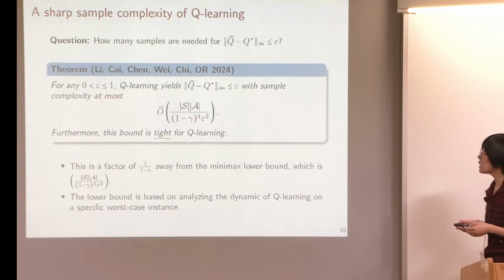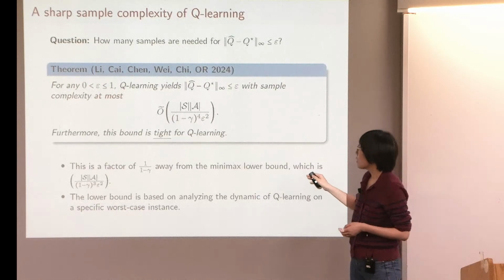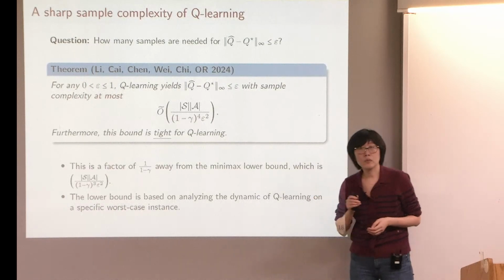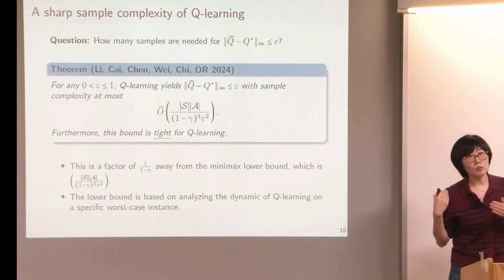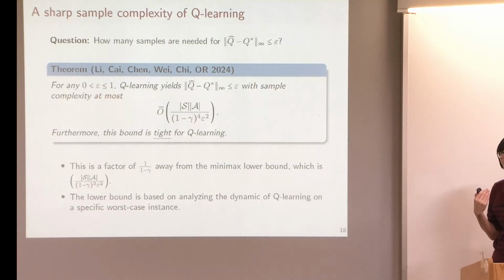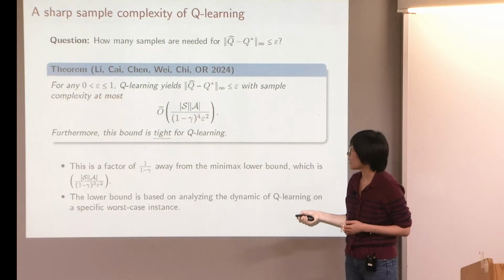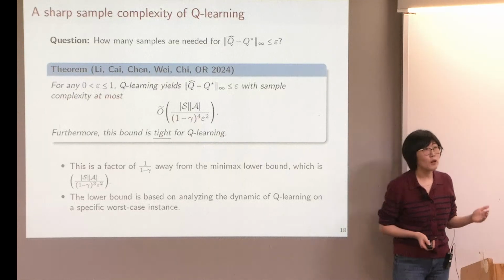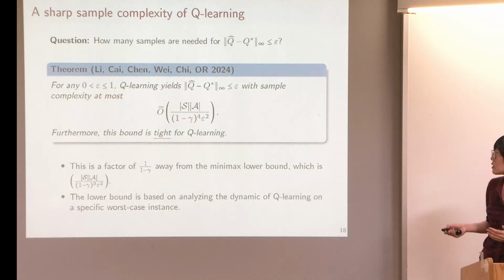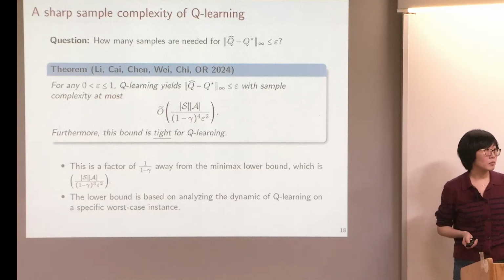So let me explain this a little and why this is interesting. First of all, for people who know about this problem, we actually know the minimax lower bound has a dependency on the effective horizon of the third order rather than the fourth order. And this is achievable by using a model-based approach.